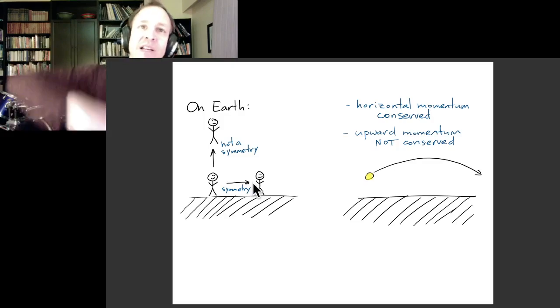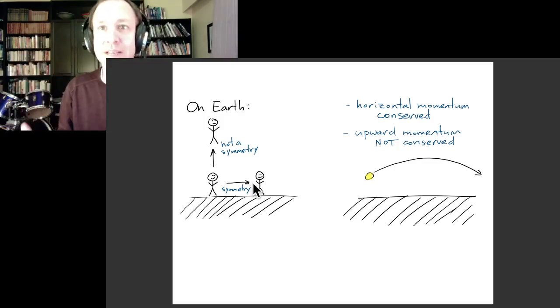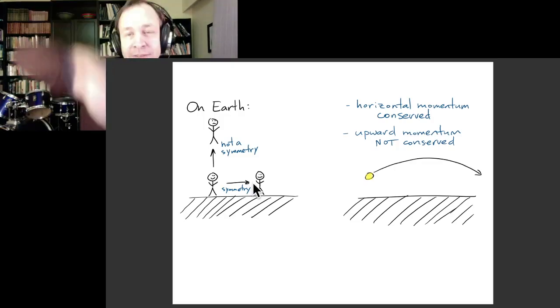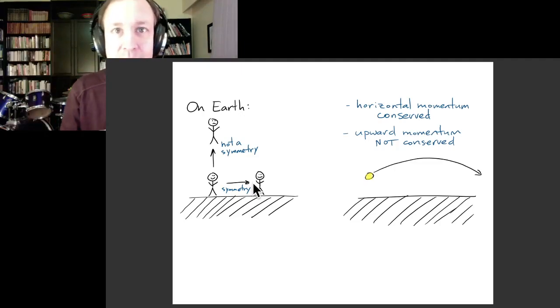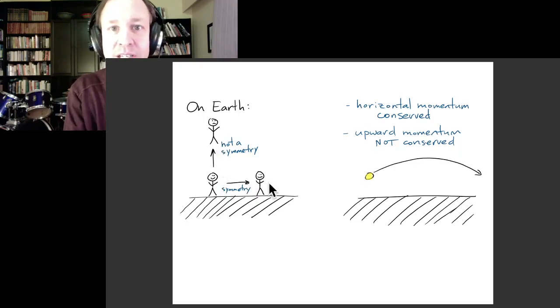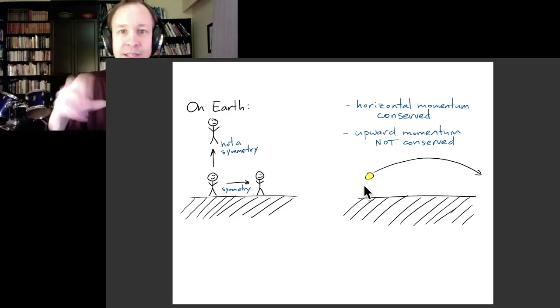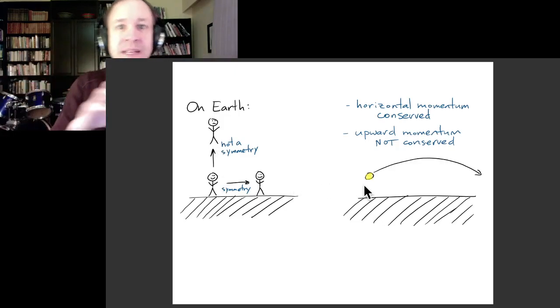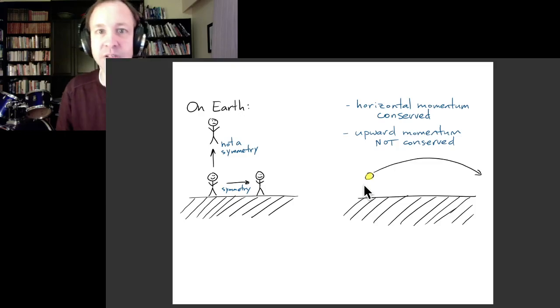But if you try to move vertically, then things are definitely going to be different. You're further away from the surface of the Earth. You're further away from the center of the Earth. And so it's definitely not a symmetry anymore. Let's understand how this observation interacts with the idea that momentum is conserved when you have a symmetry.